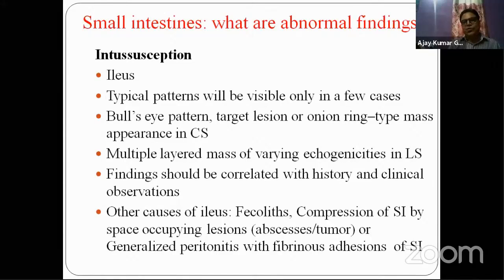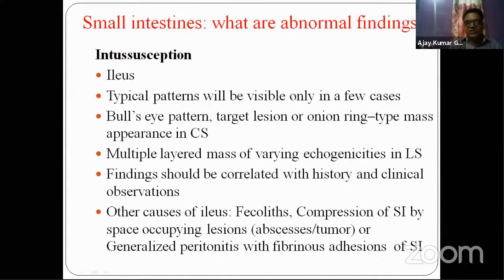In Jammu, we get hundreds of cases of intussusception every year, and whenever we find the ultrasonographic findings of ileus, irrespective of whether we find the typical bullseye pattern or multiple layers, we confirm it as intussusception, and in 99.9% or even 100% of cases, it turns out to be intussusception.